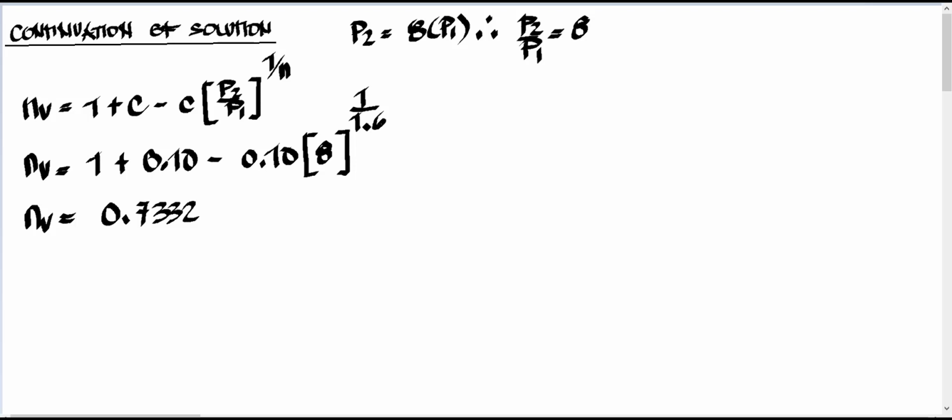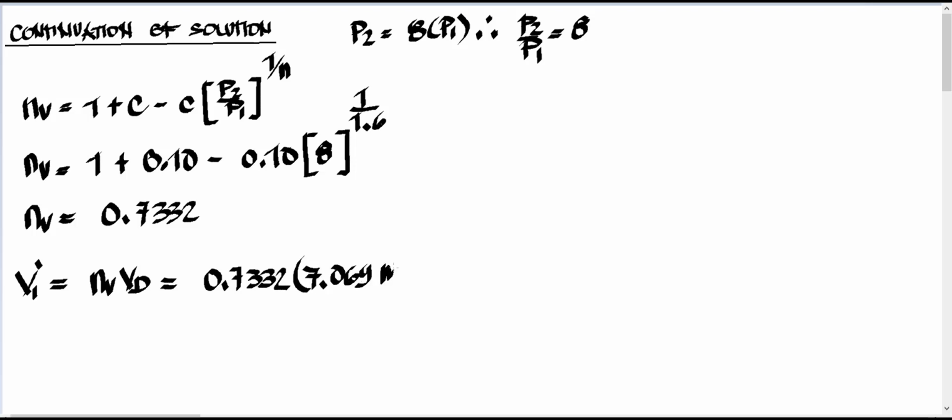Since we now have the values of the unknowns in order to compute the V1 prime, we can directly substitute the values here. So our V1 prime is equal to the volumetric efficiency times the volume displaced. So we have 0.7332 for the volumetric efficiency times the volume displaced, which is 7.069 cubic meter per minute.